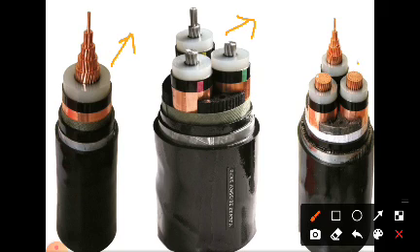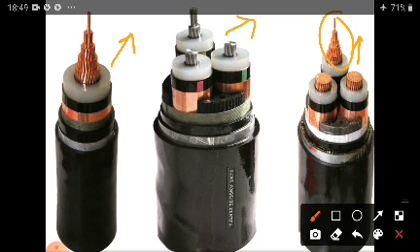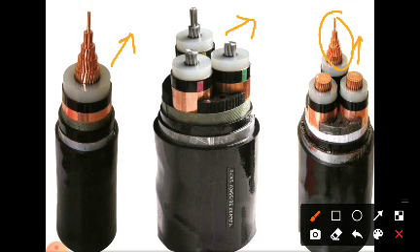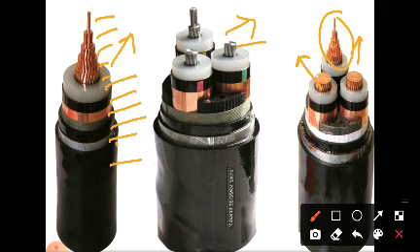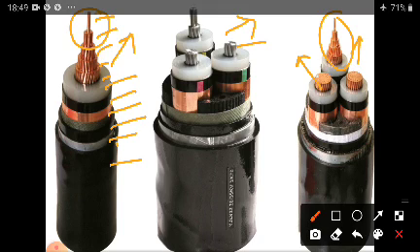You can see how the conductors are arranged for current carrying purposes. This is an aluminum cable, this is a copper cable, and you can see the strands used inside the cables. You can also see the different layers of insulation used.